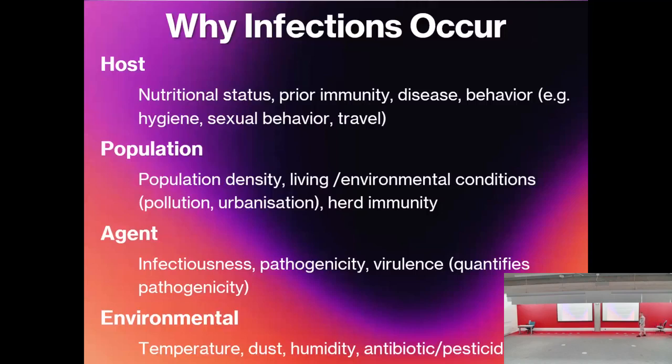So why do infections occur? Well, I've just given you some reasons there. So your environment matters. So if there's pollution, for example, that's not the best. Potentially influences your respiratory tract in a negative way, leaving you susceptible to get infections. But we've also got things like the lived environment.